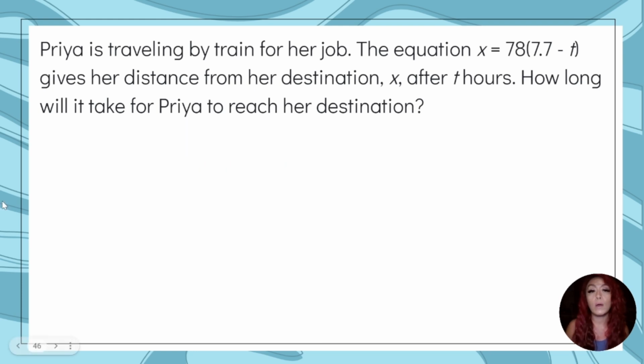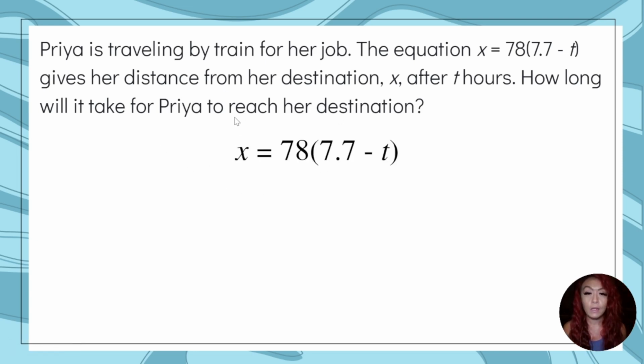So let's take our quantities and relationships and solve the problem. Here's our equation, right? And again, we want to solve for t because the question is asking how long it will take for her to reach her destination. So we need to know the number of hours.